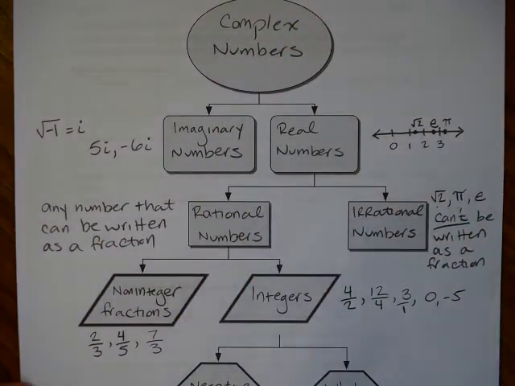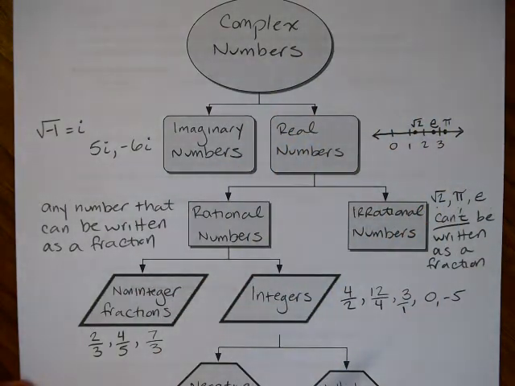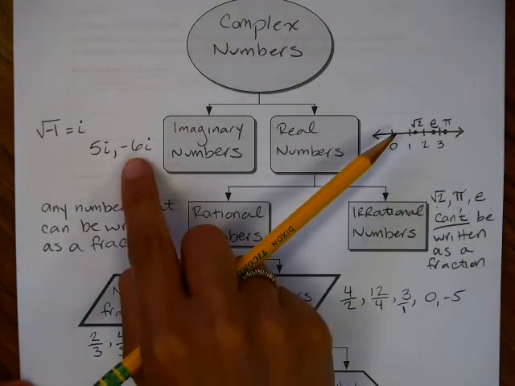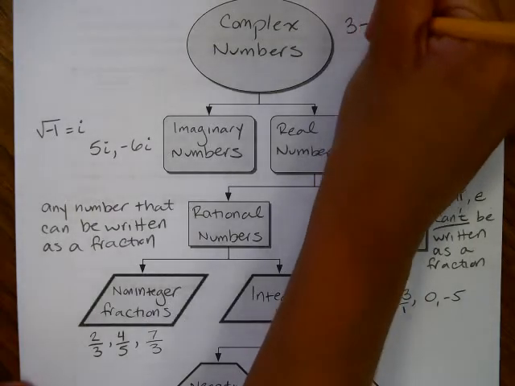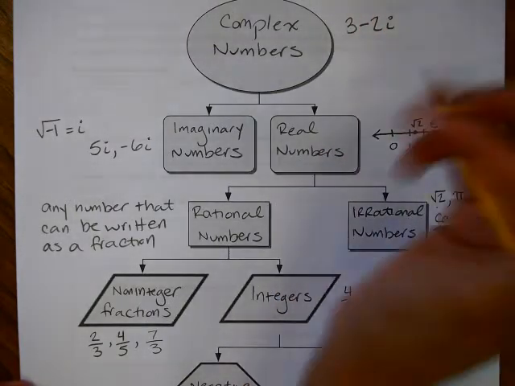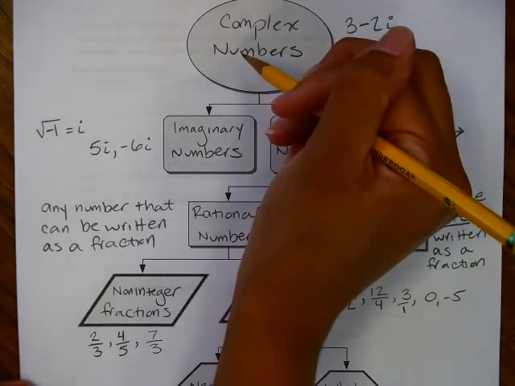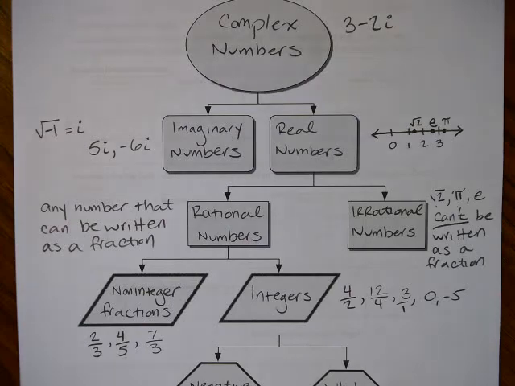There's only one type of number that falls here and nowhere else. And that is a number that combines a real number with an imaginary number, such as 3 minus 2i. We say that this has a real part and an imaginary part, so it's a complex number, but can't go into either of these two categories.